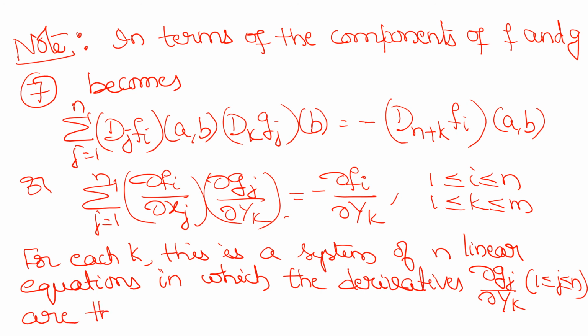So if you want to write this in terms of the components of f and g, this is how these equations look, with these unknowns. So this is how we can understand the implicit function theorem.